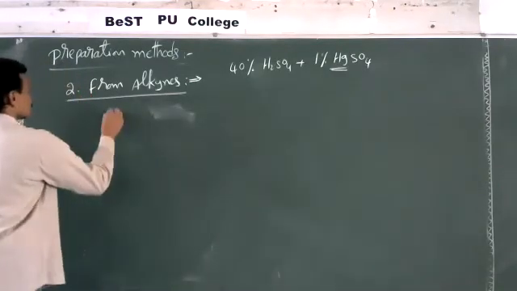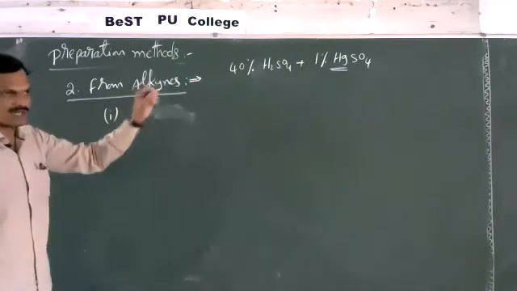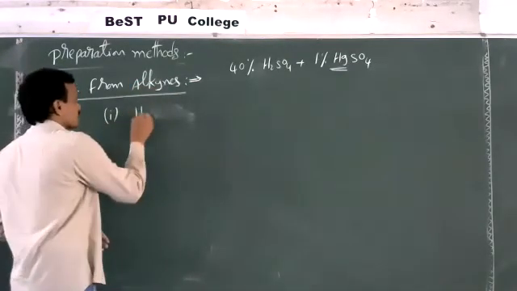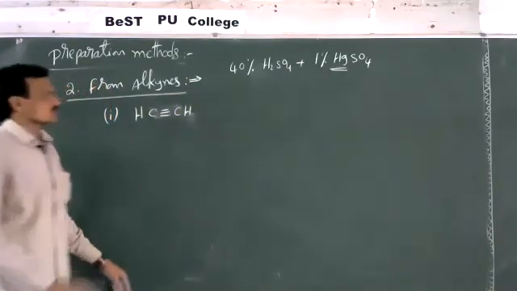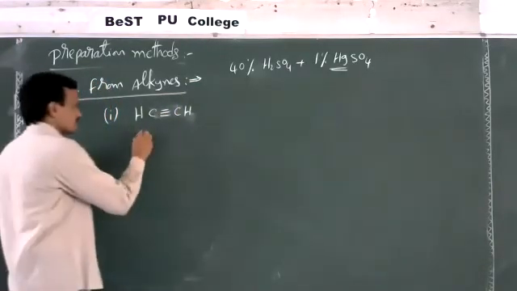First, I will take the simplest alkyne. What is the simplest alkyne? Nothing but acetylene, CH triple bond CH.